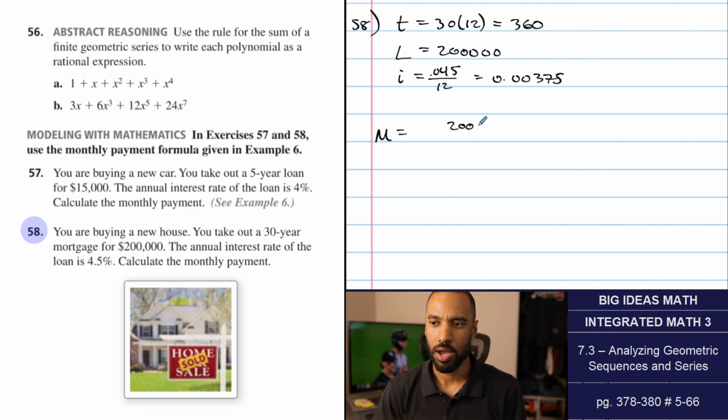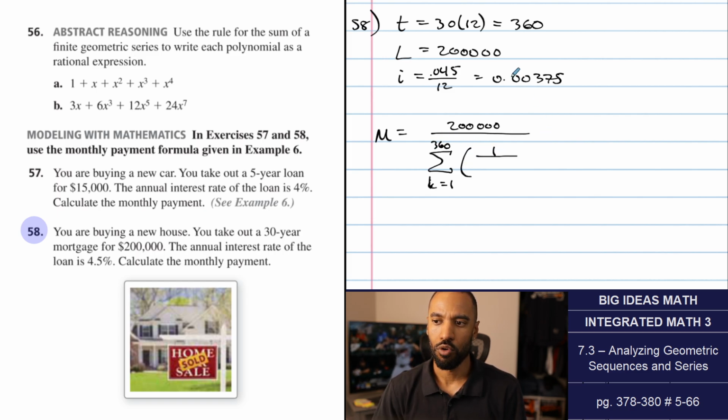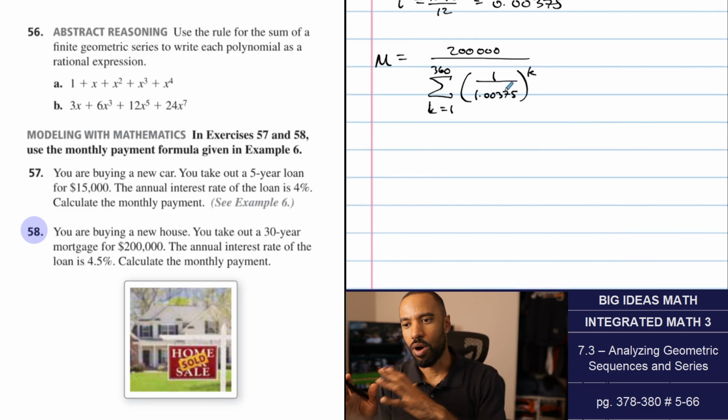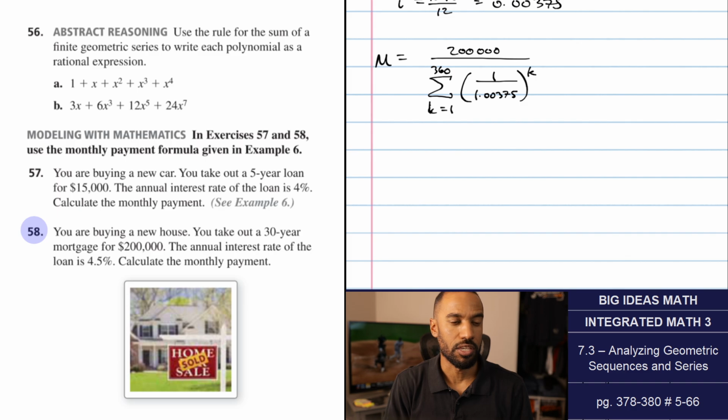So we're going to do 200,000 divided by the sum from month 1 to month 360. This is 1 over 1 plus this. So 1.00375 raised to the k power. Your A sub 1 and your R are both the same thing as they were last time.